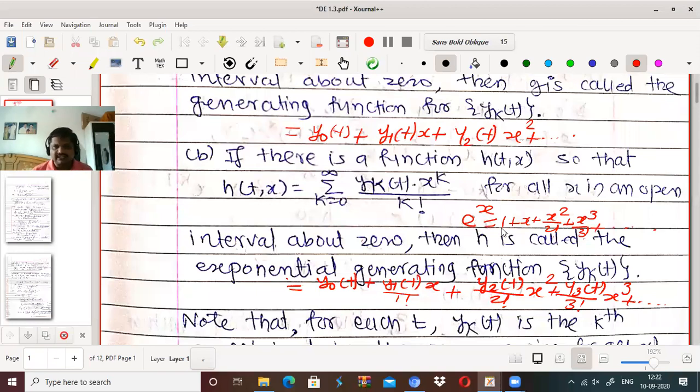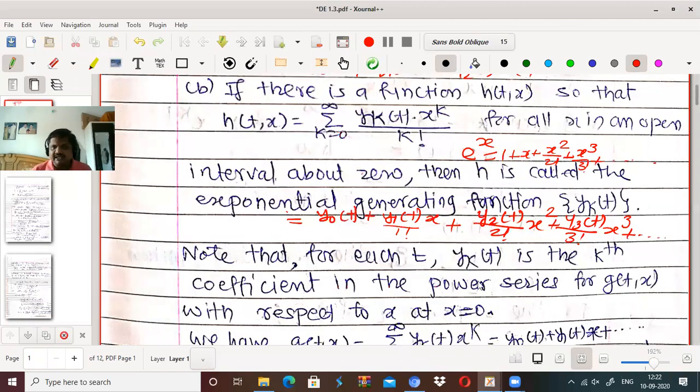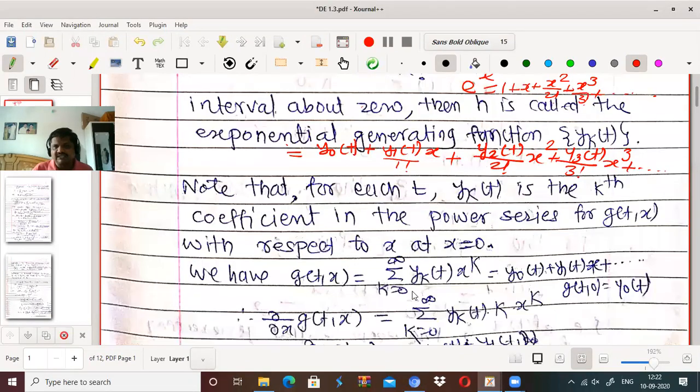Note that for each t, ykt is the kth coefficient in the power series for gtx with respect to x at x equal to 0. What does this mean? y0t is the 0th coefficient in the power series for gtx with respect to x at x equal to 0.